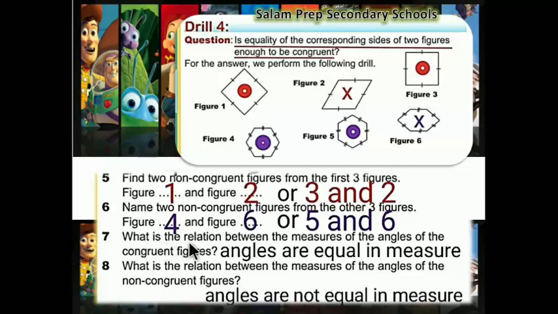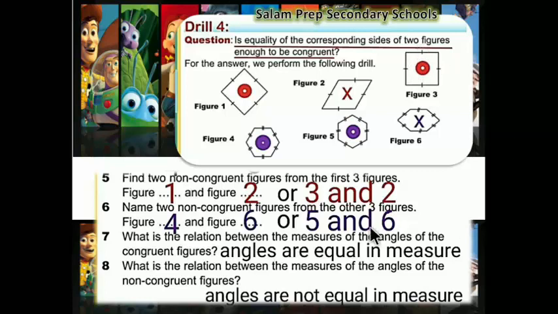What is the relation between the measures of the angles of the congruent figures? Congruent figures, figure 1 and figure 3. Look at their angles.